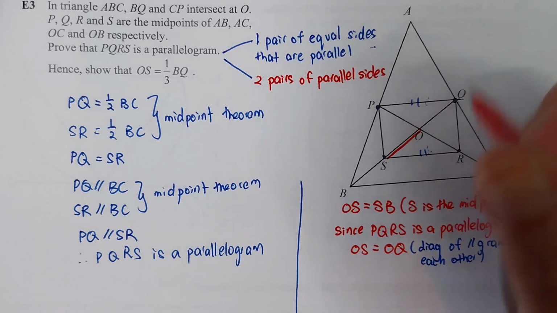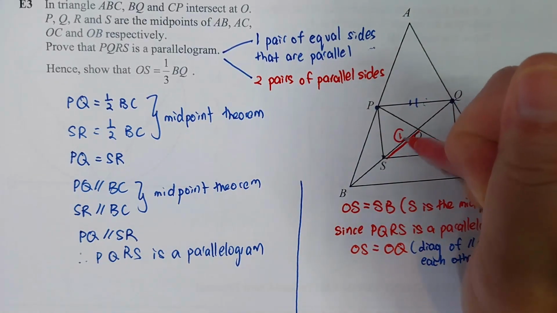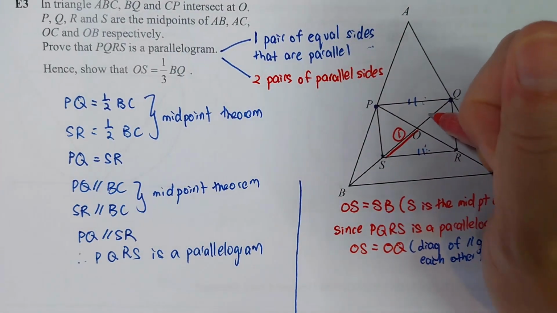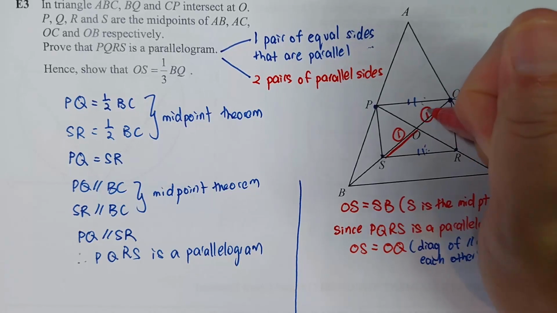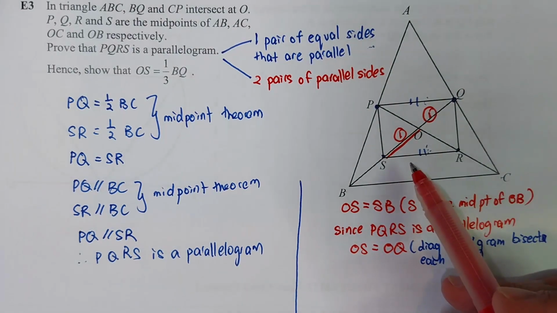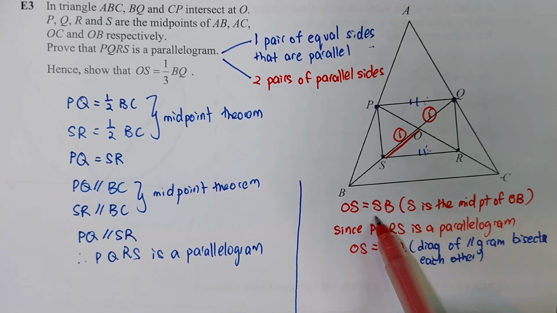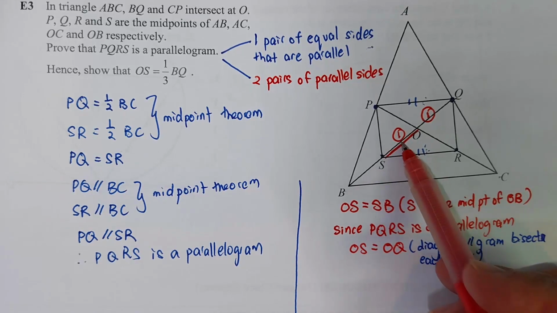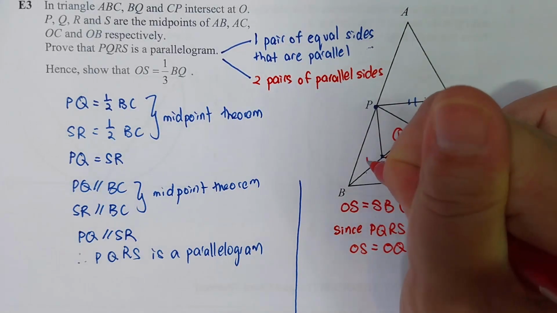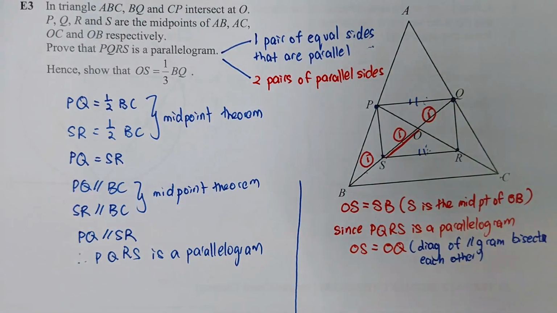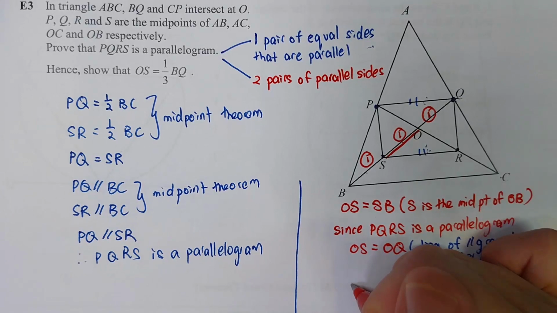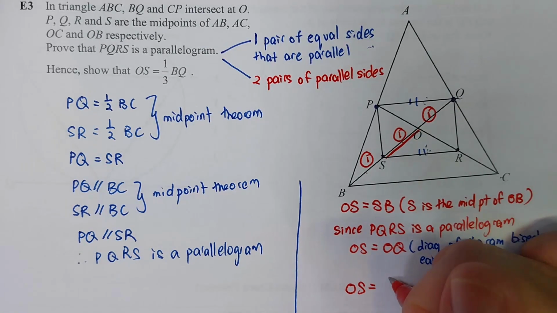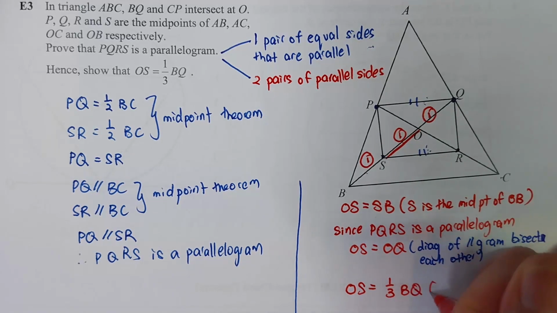So this will be one part, this will be one part. And from here, we know that if this is one part, BS will also be one part. So, in conclusion, OS will be equal to 1/3 of BQ, shown.